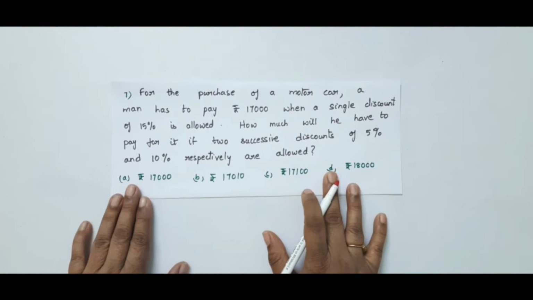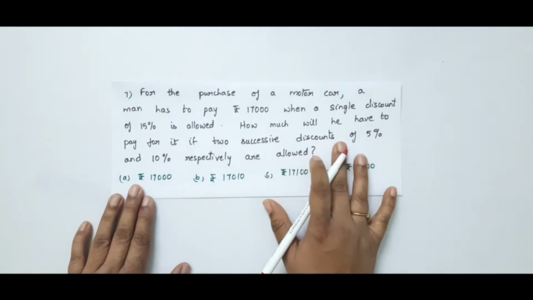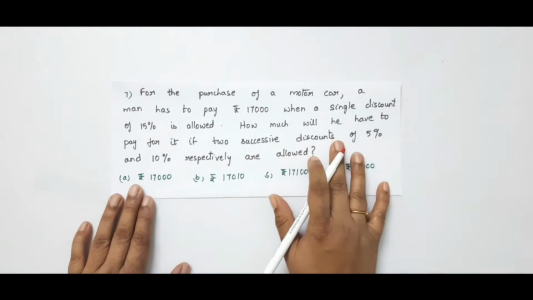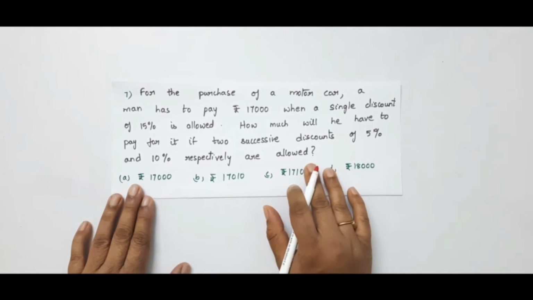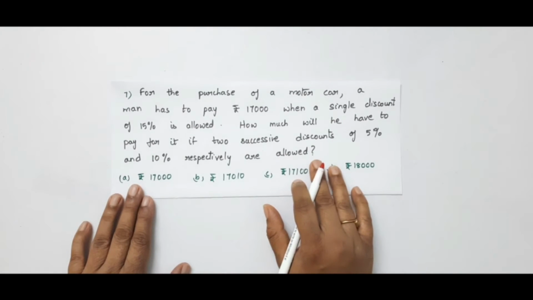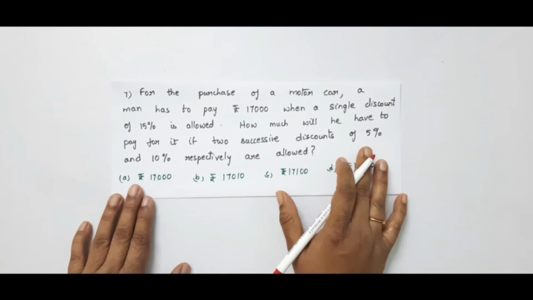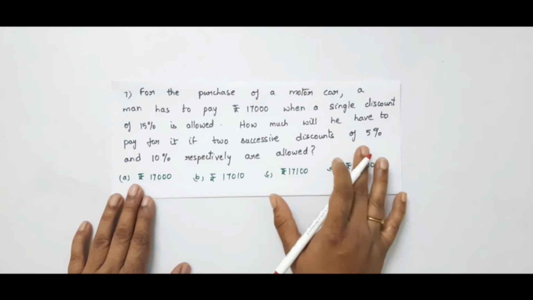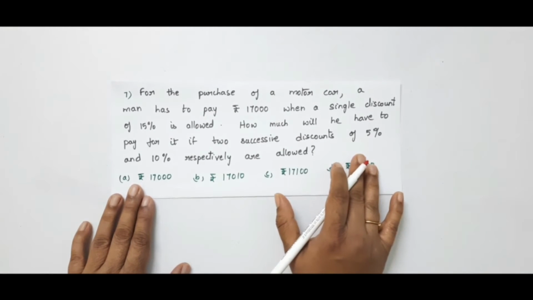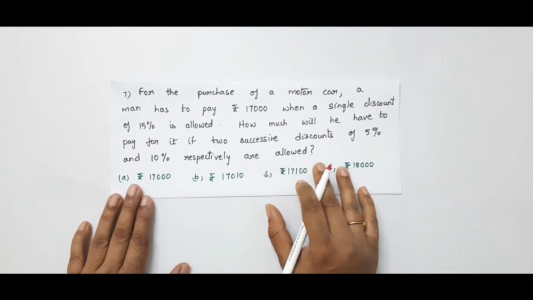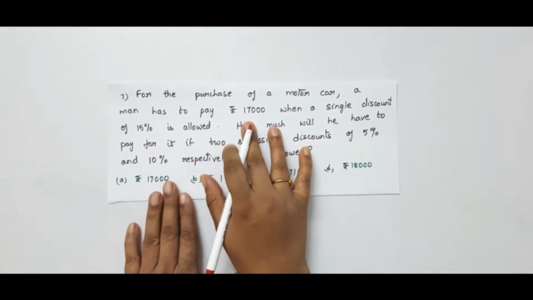Is it not? To find the selling price of these two successive discounts, in the previous problem we have learned that if they give two successive discounts, we have to multiply these successive discounts into the market price. Is it not? So here they didn't give the market price.